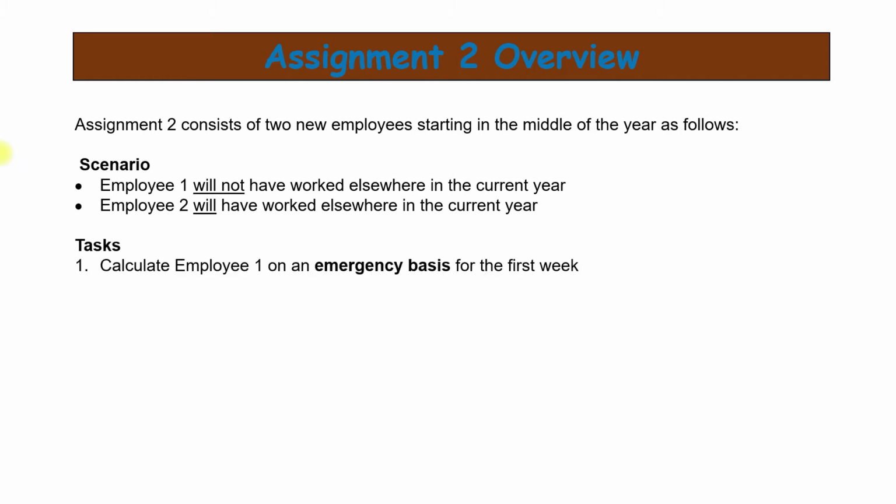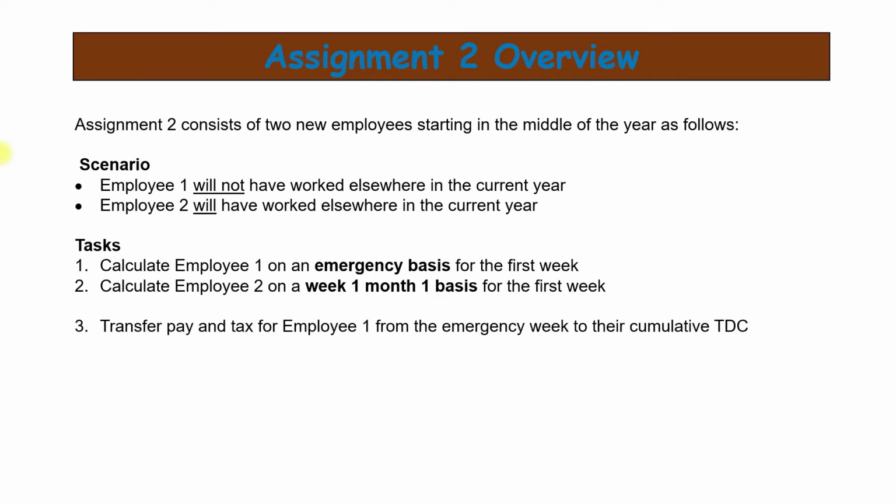One of the employees' wages will be calculated on an emergency basis for the first week, and the other will be calculated on a week 1 month 1 basis for the first week. For the employee on emergency tax, we will transfer their pay and tax from the emergency week to their cumulative TDC, and then calculate the following weeks on a cumulative basis.